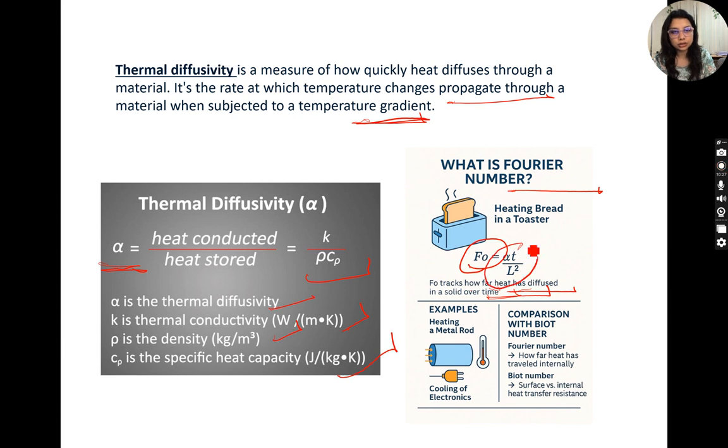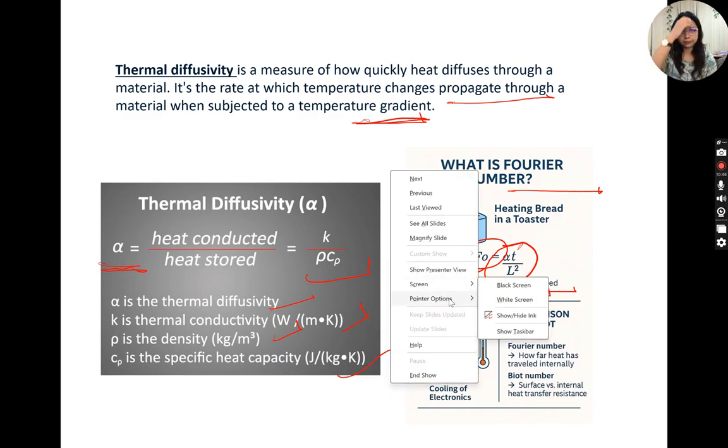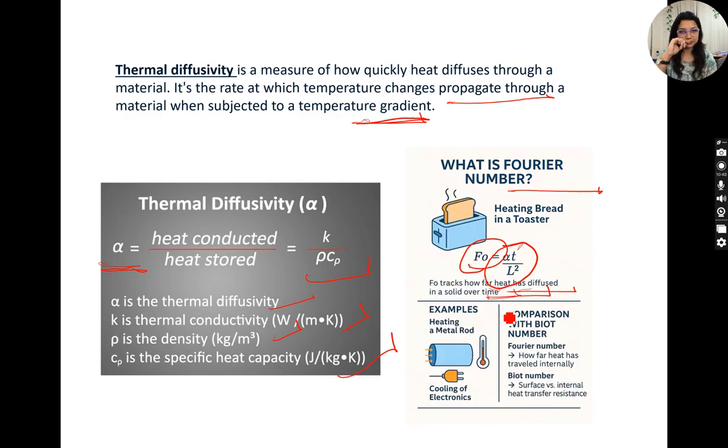It is given by the formula Fo equals alpha t by L square, where alpha stands for thermal diffusivity, t stands for time, and L square stands for the length of the material. Examples are heating of a metal rod and cooling of electronics.